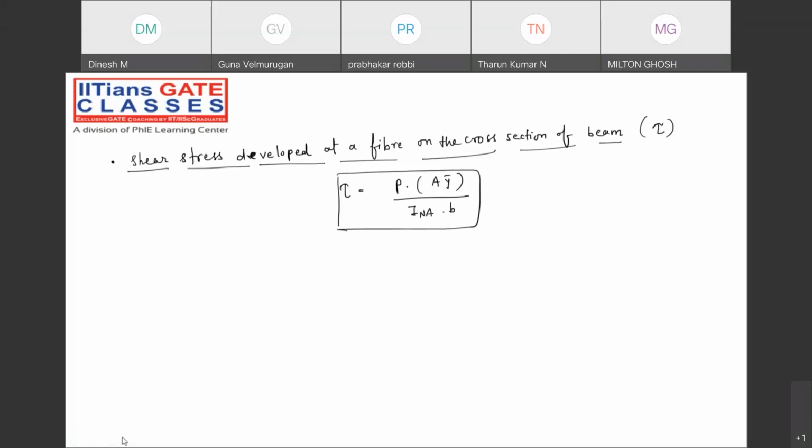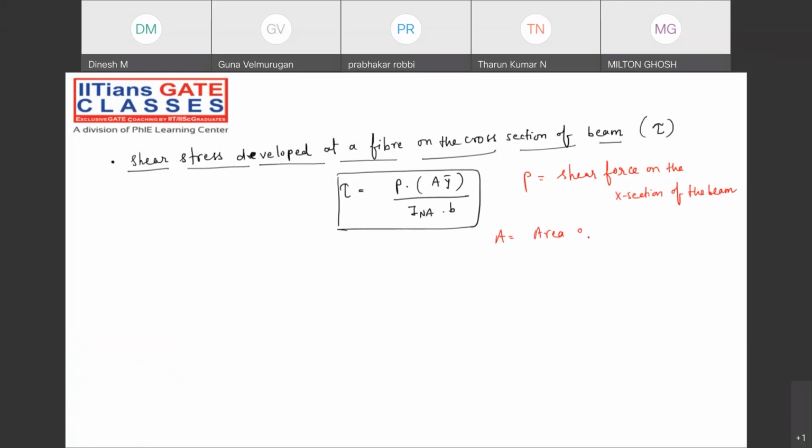First of all, note down the formula, then we will discuss each and every term. P is nothing but the shear force on the cross section of the beam. A will be area. Whatever terms and terminologies I am telling you are very, very important.